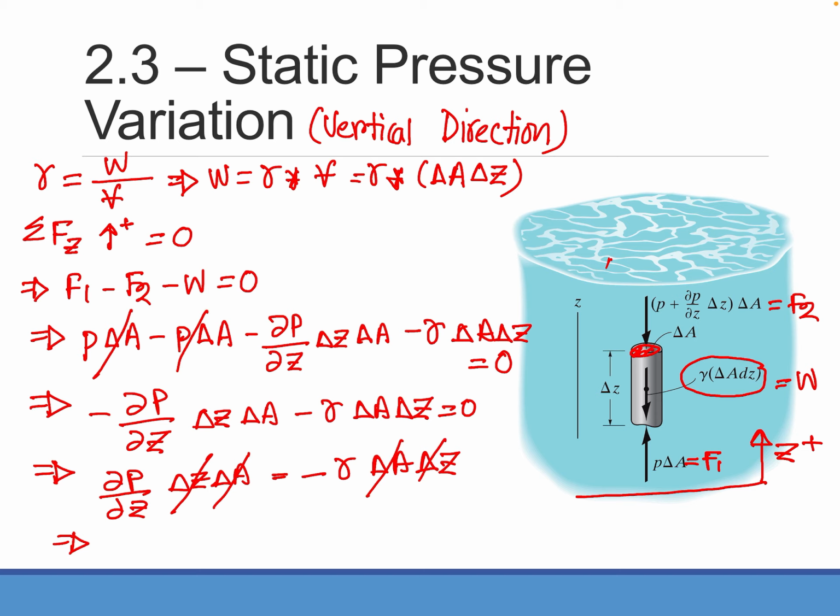So finally I have dP dz equals negative gamma.